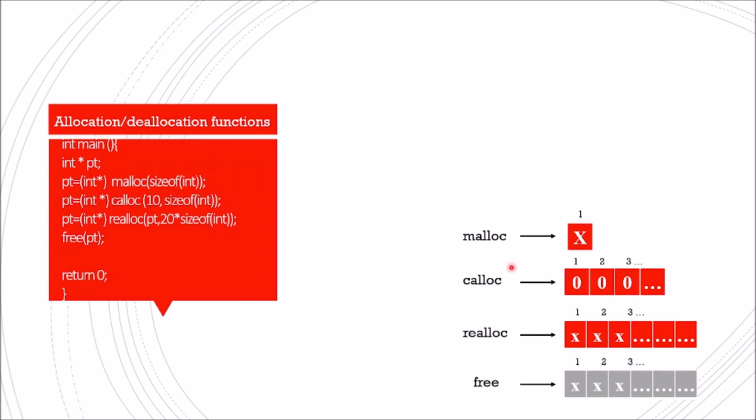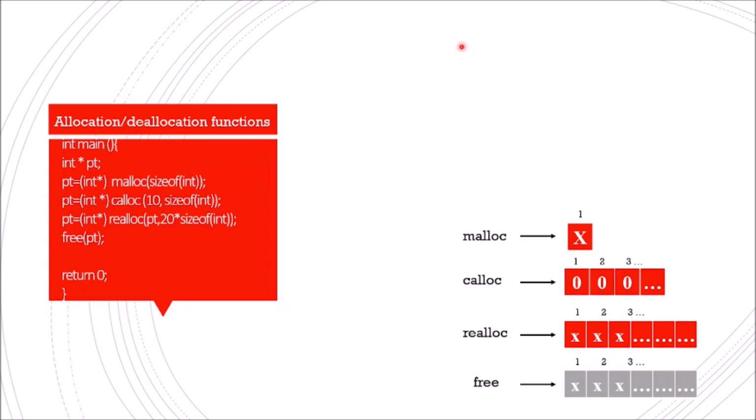So remember, malloc, just one single element initialized with garbage value. Calloc initialized an array of elements of the same type, and it initializes them to 0. Realloc will actually resize my memory block, and it will keep the old contents. And free will release that memory block.